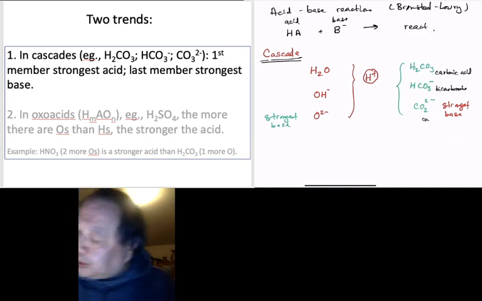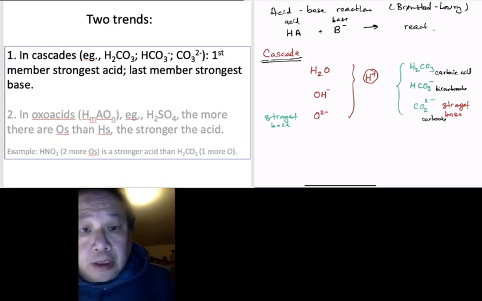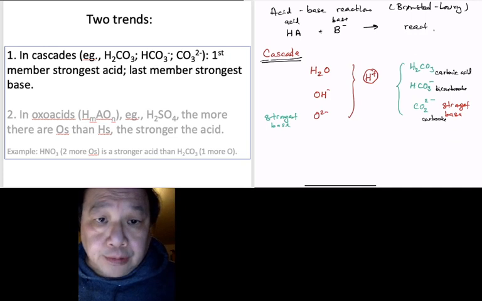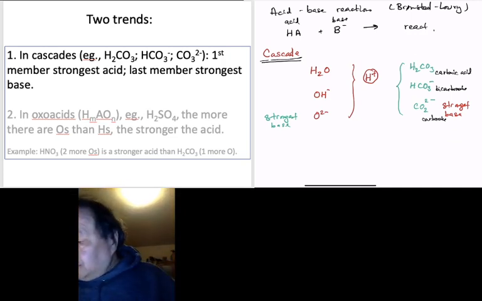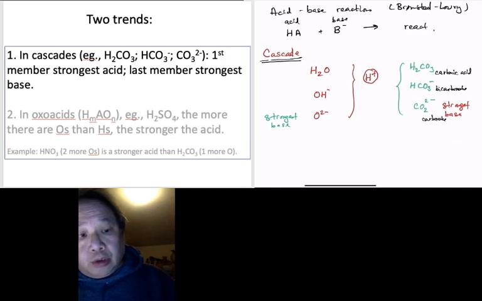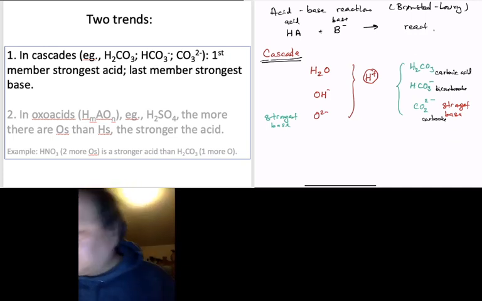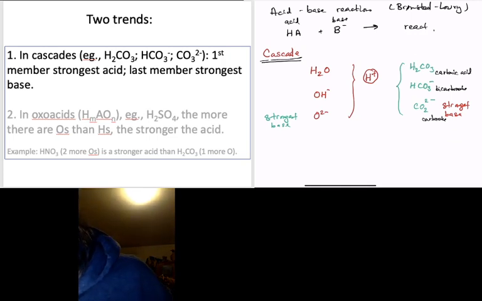Which of the three, carbonic acid, bicarbonate, or carbonate, is the strongest acid? And remember that each time we lose an H+, it's got a bigger and bigger residual minus charge. So carbonic acid, the one with the most H+, the least amount of those minus charges, carbonic acid is the strongest acid.